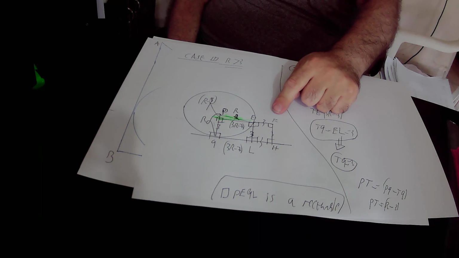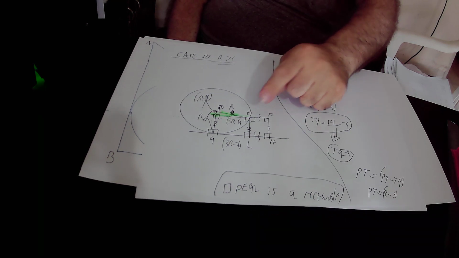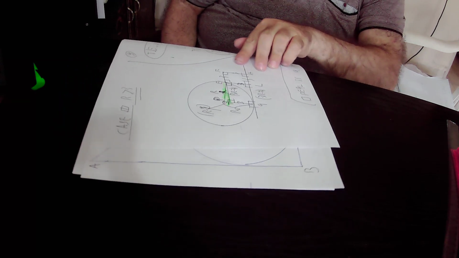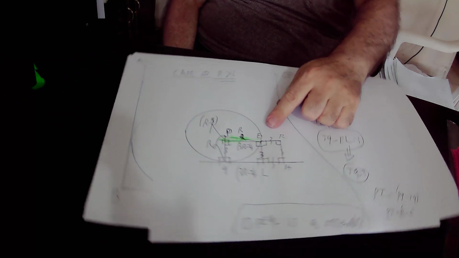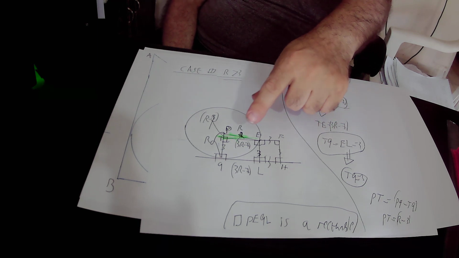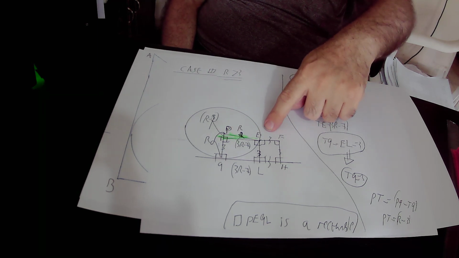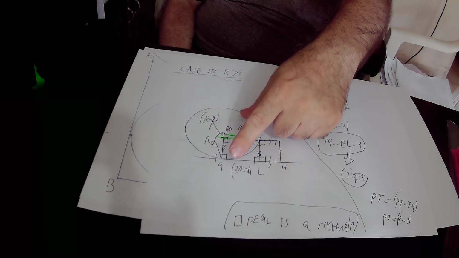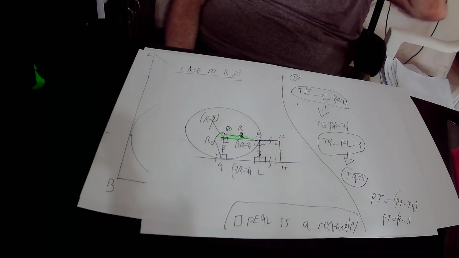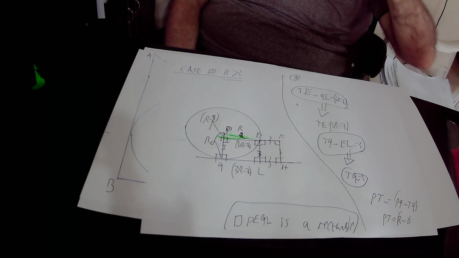Again, from this point E, we draw a perpendicular on the radius PQ. So this angle equals 90 degrees, and this angle also equals 90 degrees according to our construction.